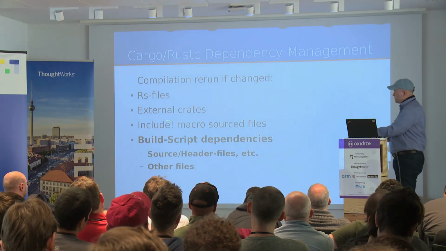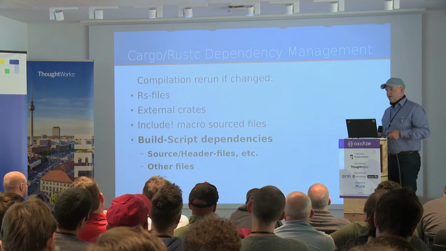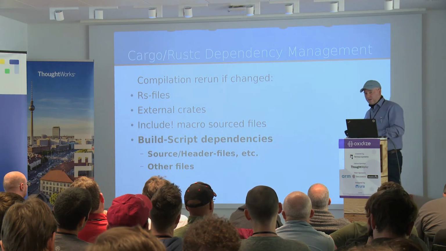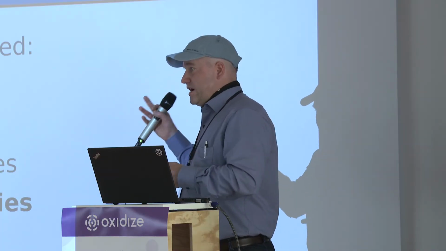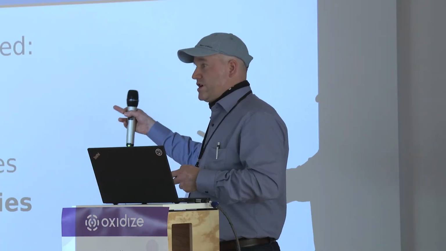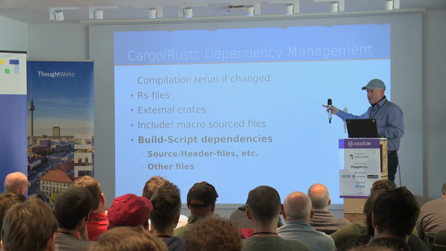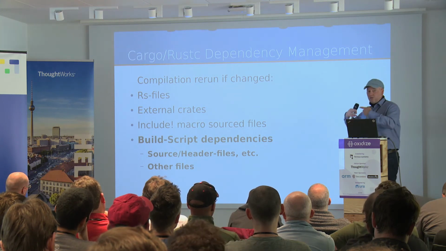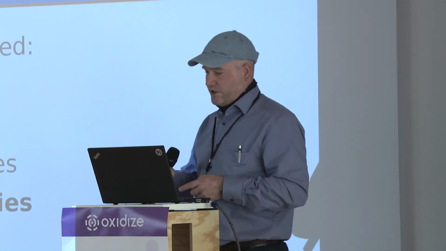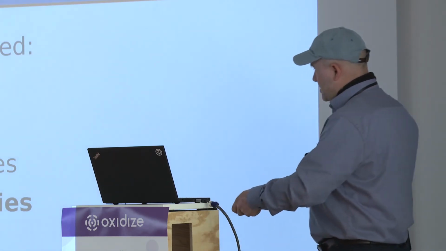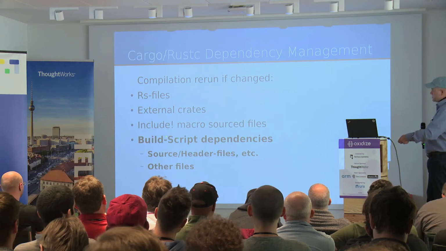If you use the include macro somewhere in your code, Cargo and the Rust compiler will monitor this, and every time the included file is modified, Cargo will rebuild the project on the next iteration. Another option to define a dependency is using build scripts.